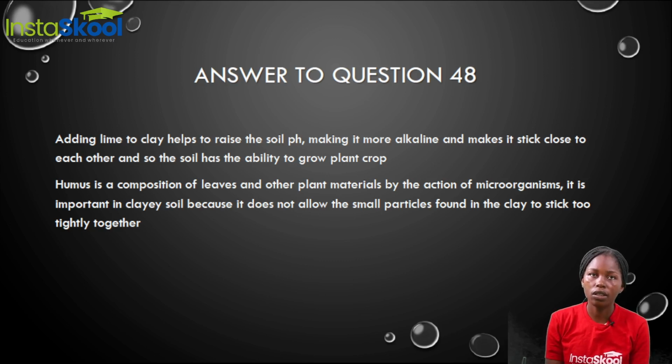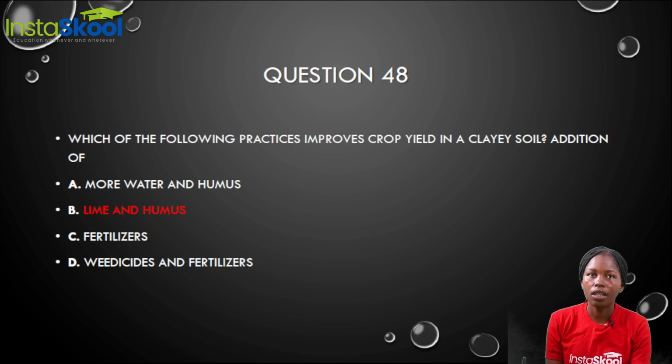Now, what is humus? Humus is a composition of leaves and other plant materials, decomposed by microorganisms. The addition of humus is important to clay soil because it does not allow the small particles found in the soil to stick too tightly to each other. So lime and humus are important to improve the crop yield in a clay soil.